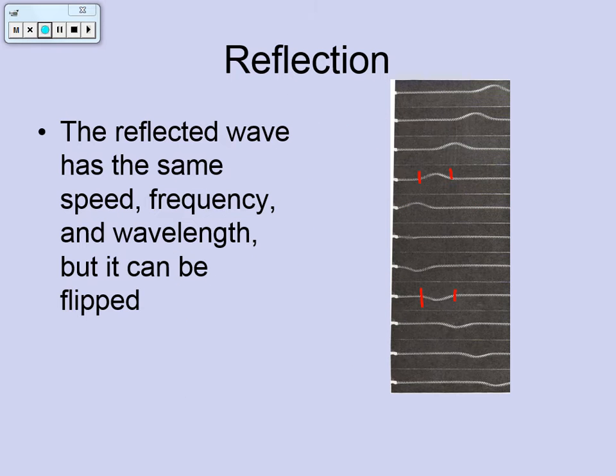All right, so a reflected wave has the same speed, frequency, and wavelength. But sometimes we will see a change in the amplitude. Actually, sorry. Sometimes we'll see two changes in amplitude. Okay?